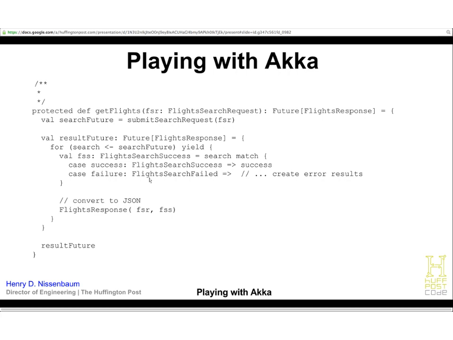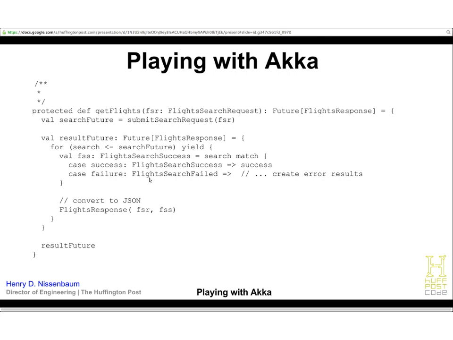If it's a success, we will convert it to JSON and send it back to the play controller, which I'll show you in 1 second. If it's a failure, we do some other handling. We log it, we create alternative data to hand back to the client, and move on.